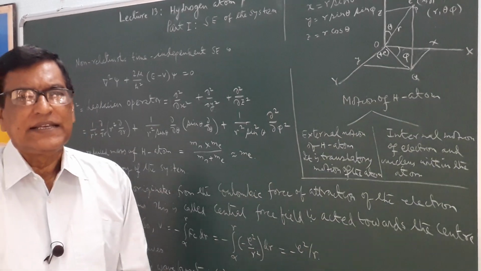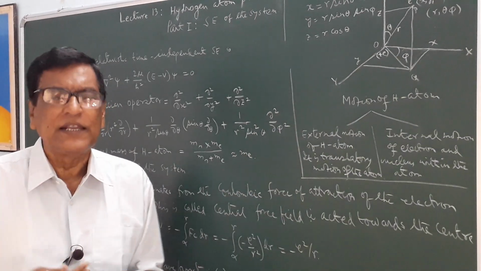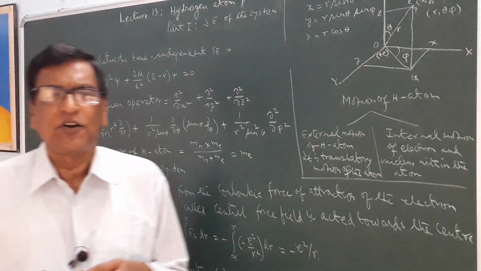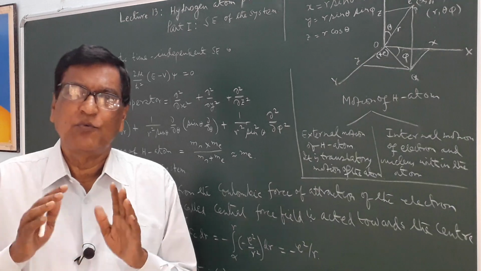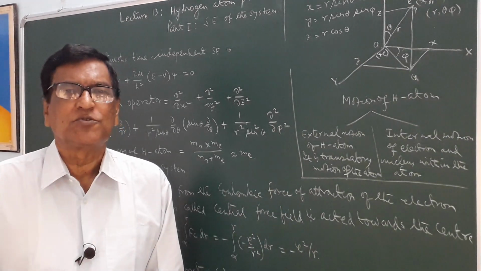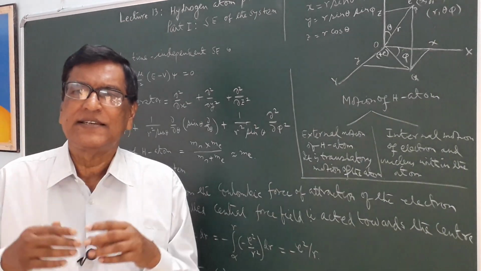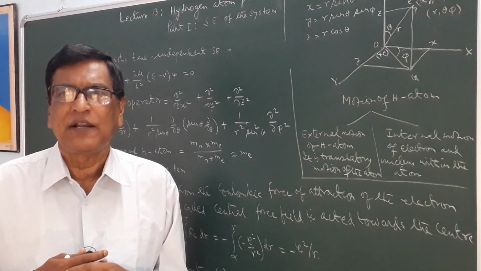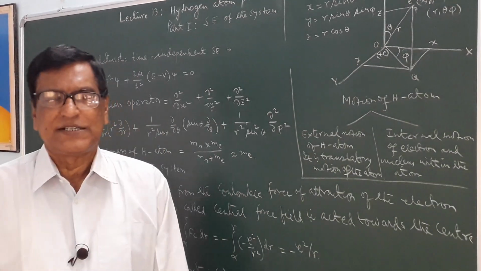Hydrogen is the simplest of all the chemical elements. Hydrogen contains only one electron and one nucleus, and the nucleus again contains only one proton. So whenever we discuss the motions of the hydrogen atom, we may consider two types of motions.